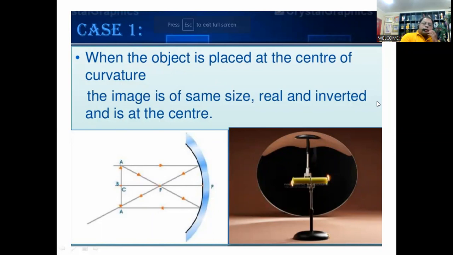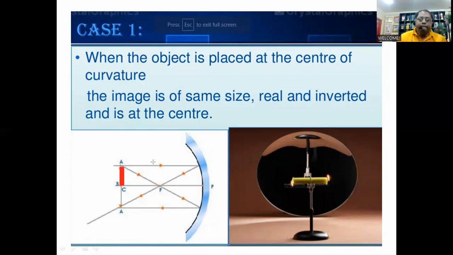Okay, so case 1 is when an object is placed at the center itself. So maybe this is you or it could be anything, we can think of it even as a block. So if you stand here, for example, at the center, how will the image form, or where will the image be found?